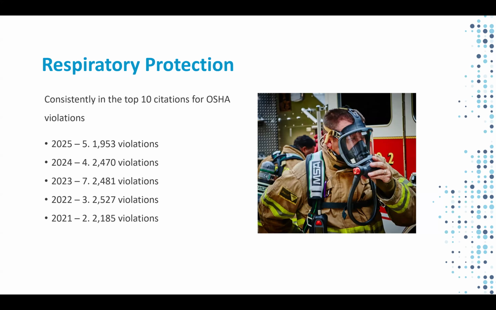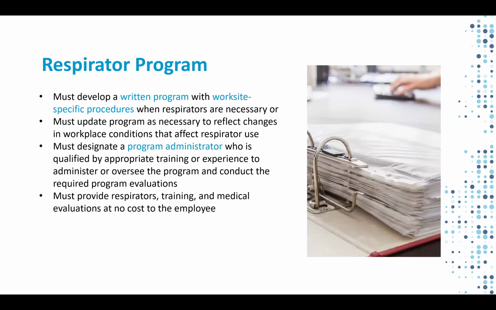Whether it's not having a respiratory protection program in place, not documenting something, or not performing fit testing, usually it's just not doing something that's the violation. So I'm hoping that if we get more information out there to make it a little bit easier to build your program and easily see the steps, that'll help you stay in compliance, but also improve your use of your respirators in your program.